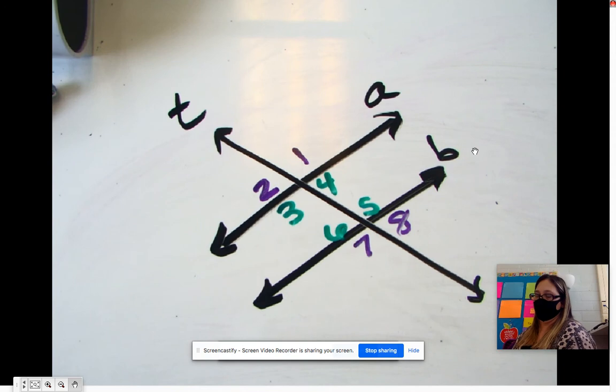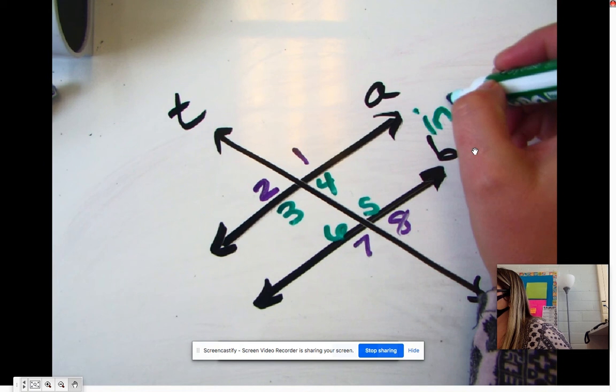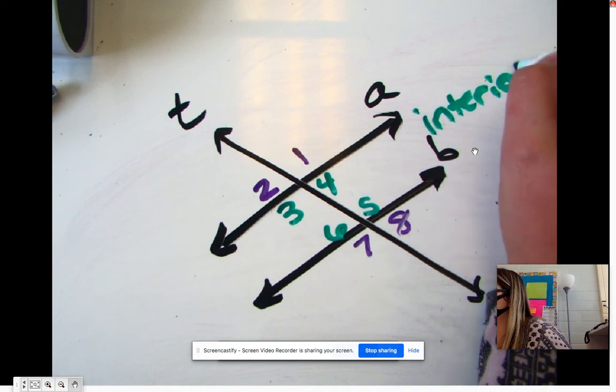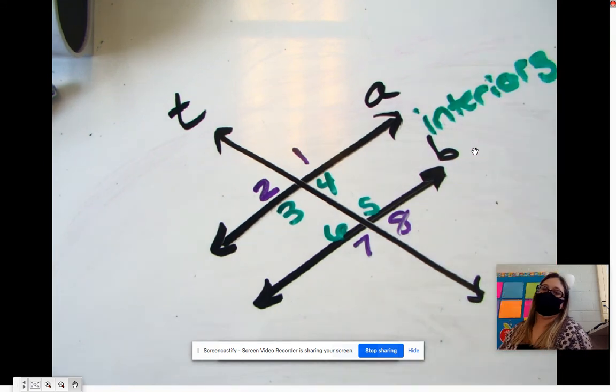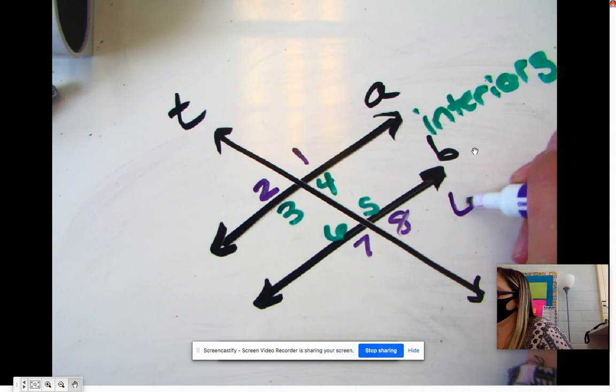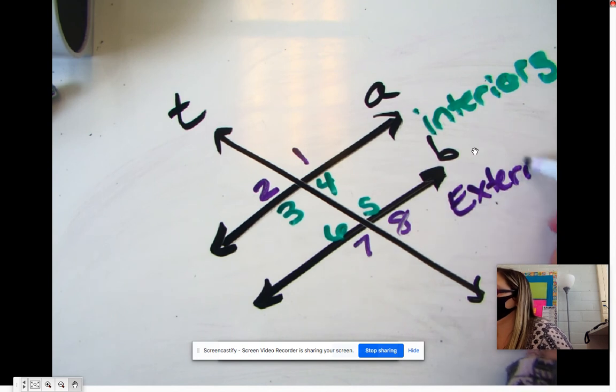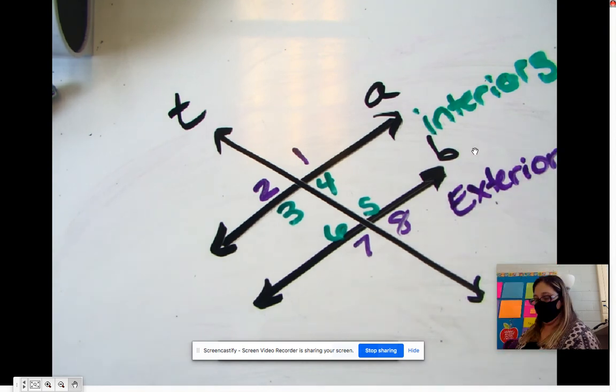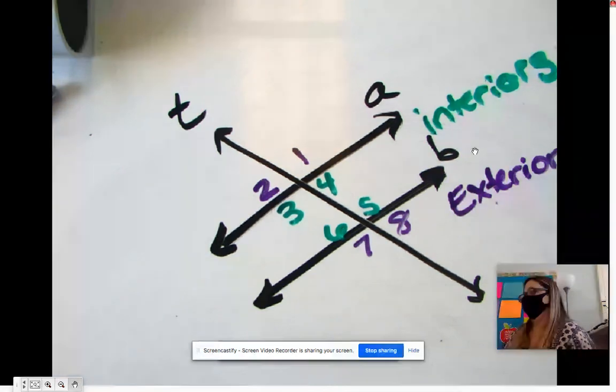I think I've already said it once. Interior. So these green ones are interior angles. If those are interior, what do you think the purple are? Good. Exterior. This is important because it's going to help us.